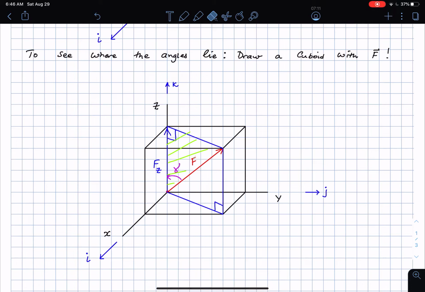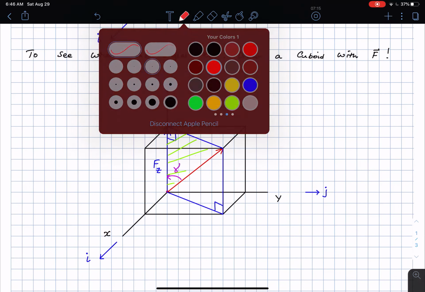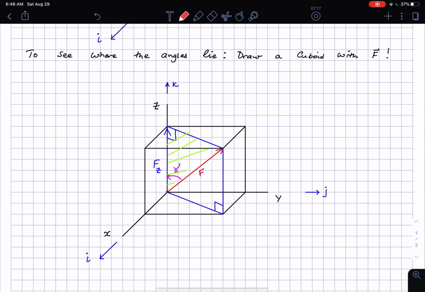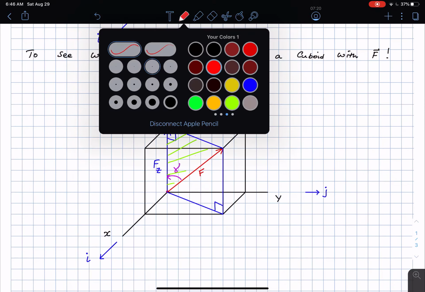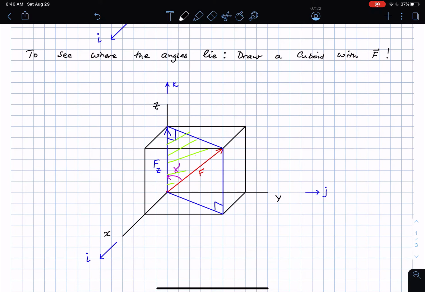Let me write the force vector F on here. So this is the force vector F, and I can first of all see that Fz is equal to F times cosine of gamma. This is an important relationship, and it is obtained from the shaded triangle.